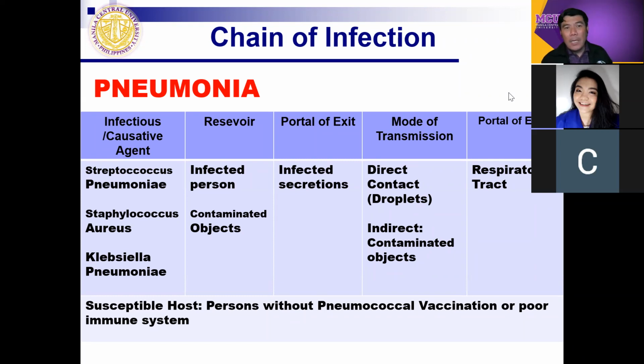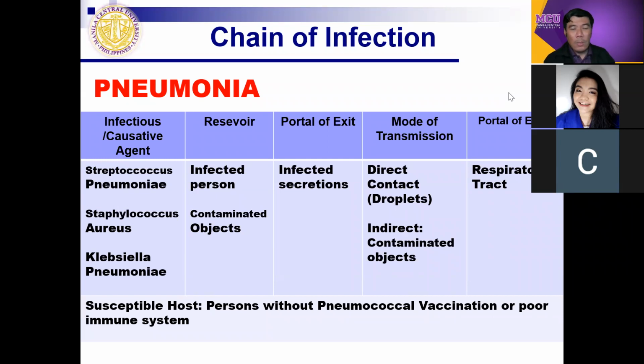Let us now apply pneumonia naman in the chain of infection. Do you know that pneumonia has various variants? Ang variants ng pneumonia ay it could be streptococcus, it could be staphylococcus, it could be Klebsiella pneumoniae. Now, when it comes to the reservoir, ang reservoir naman niyan ay infected person or contaminated objects.